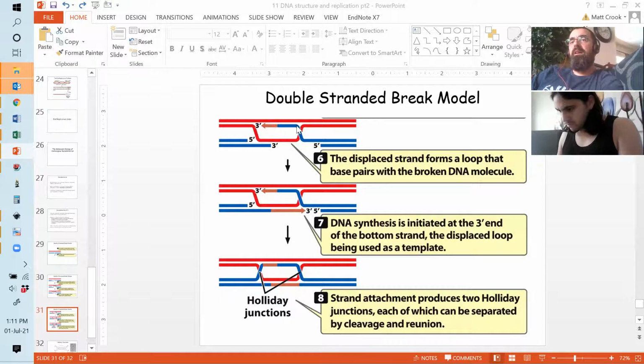So you can see that now, okay, we've still got this invading strand over here, right? It's being extended, forcing out the other strand of the homologous chromosome, this red loop that's looping down here. However, after a certain point, that loop is going to be close enough to pair up with the other free end of the broken strand.